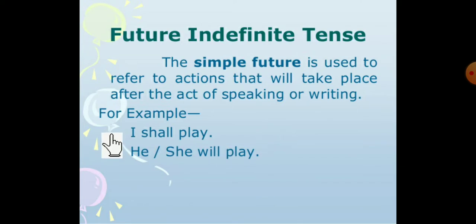So here is an example: I shall play. I is the subject, then shall, and the verb first form, play. You can use shall or will. Another example: he or she will play. So this is about simple future tense.